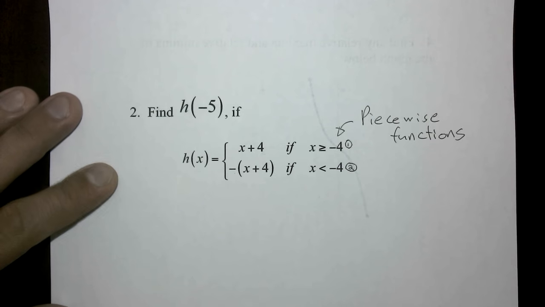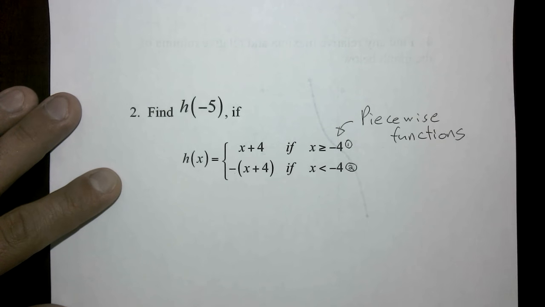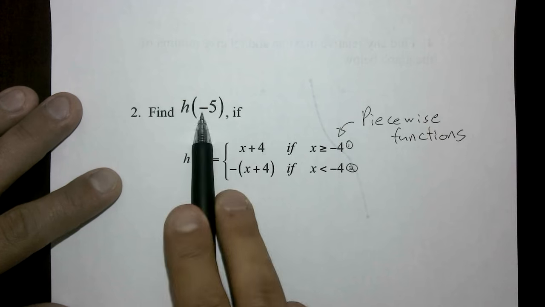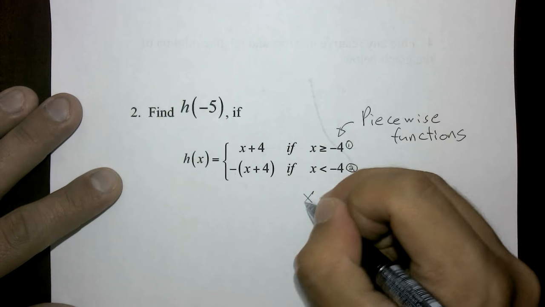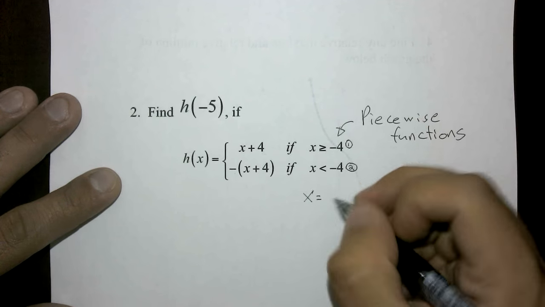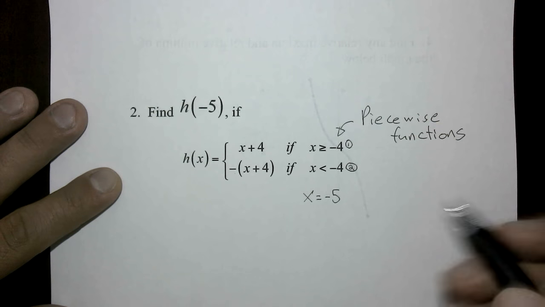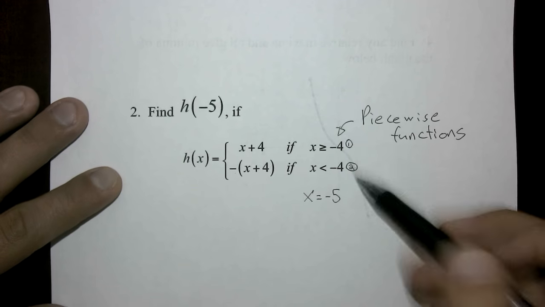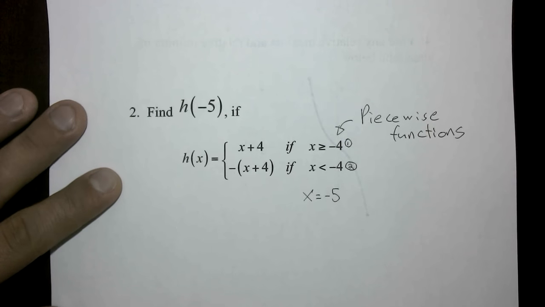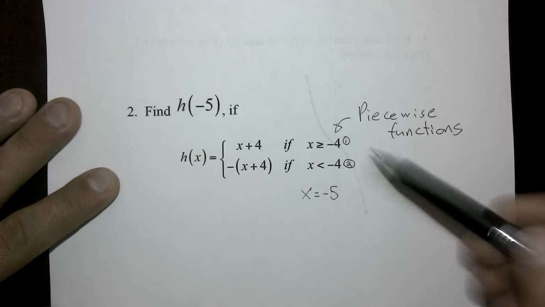So the question we have to ask is which case is going to make the most sense? Well, we know that we're evaluating h of -5, using x to be -5. And so it's up to us to figure out which case this is going to fall into because we don't have a graph to evaluate yet. So we're really just basing this off of logic. So the question to ask is which one is this going to work in?